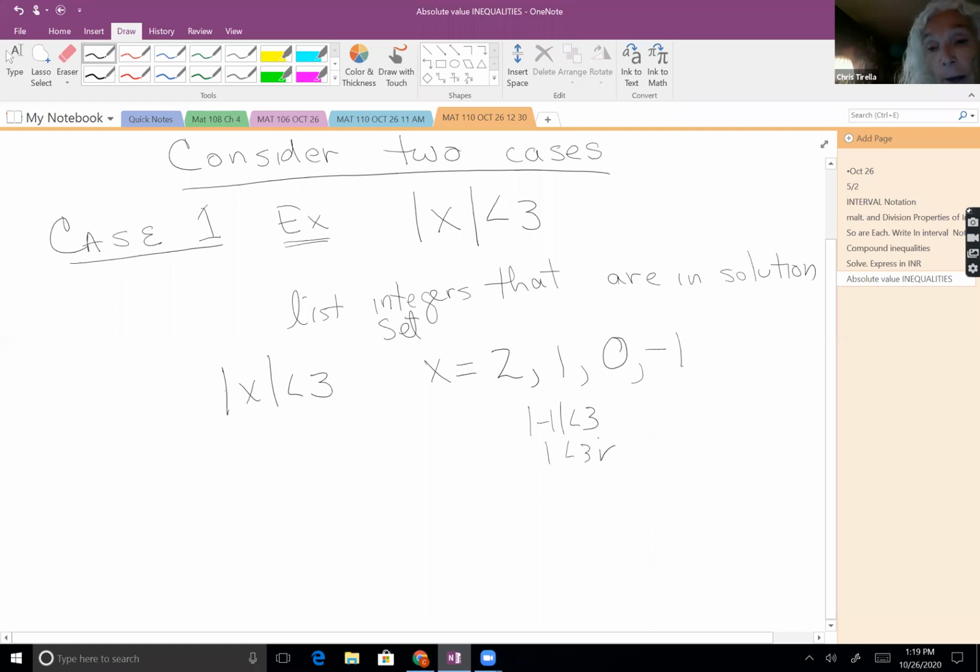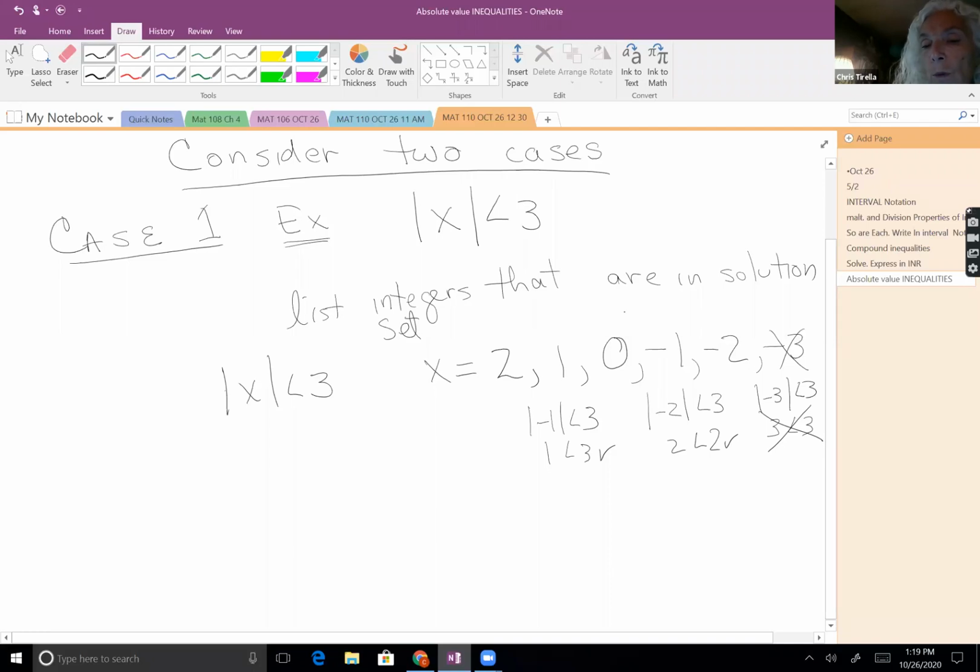Yep, that one works. Could I add -2? Is the absolute value of -2 less than 3? Yep, that would give me 2 is less than 3, so it works. Could I add -3? Is the absolute value of -3 less than 3? Oh, that says 3 is less than 3, so it doesn't work.